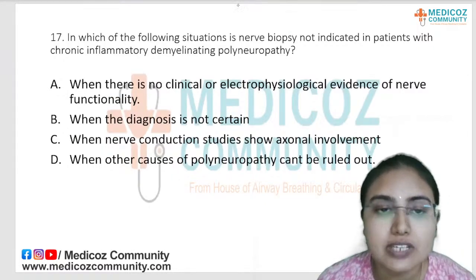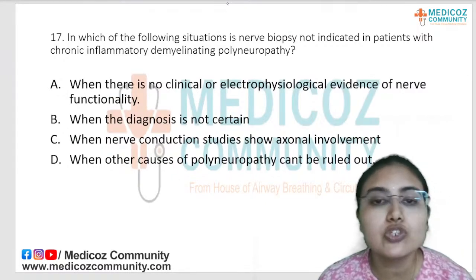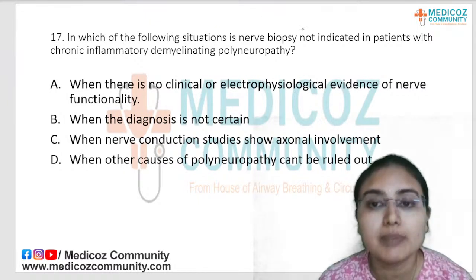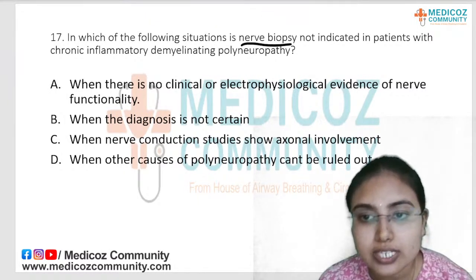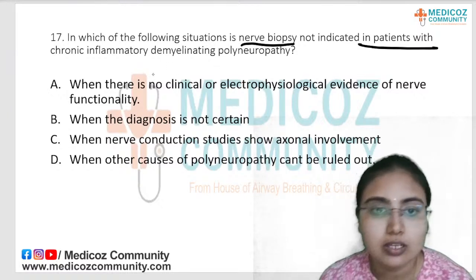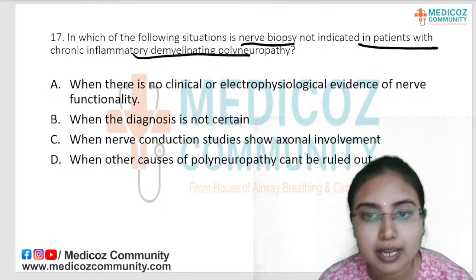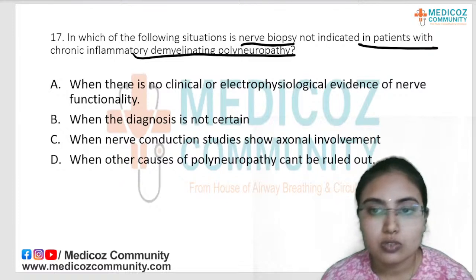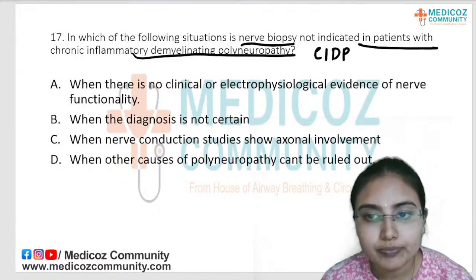Okay, students. So the 17th question for the day is, in which of the following situations is nerve biopsy not indicated in patients with chronic inflammatory demyelinating polyneuropathy? This is nothing but CIDP.